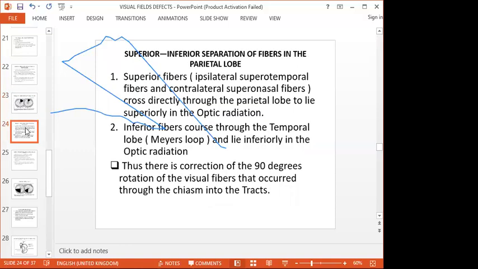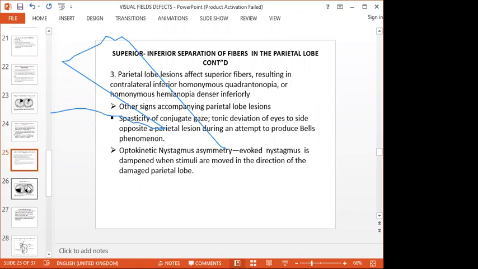Superior and inferior separation of fibers in the parietal lobe. These are good to study, but they get stuck in the head better with a patient or with a tutorial like that. Just going through is not good enough. You find there's still something missing.